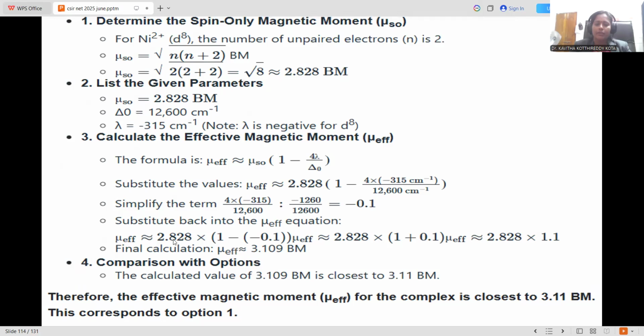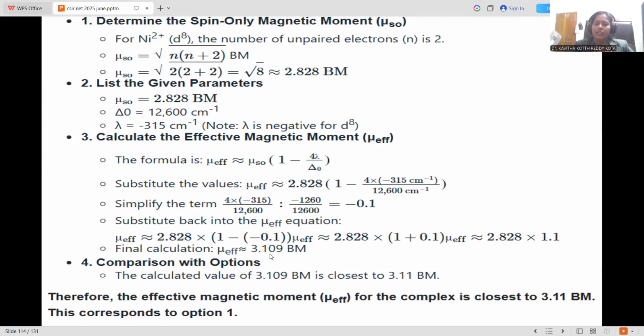So 2.828 is the spin only value into 1 minus 0.1. Here the minus becomes plus, so the value is 2.828 into 1.1.